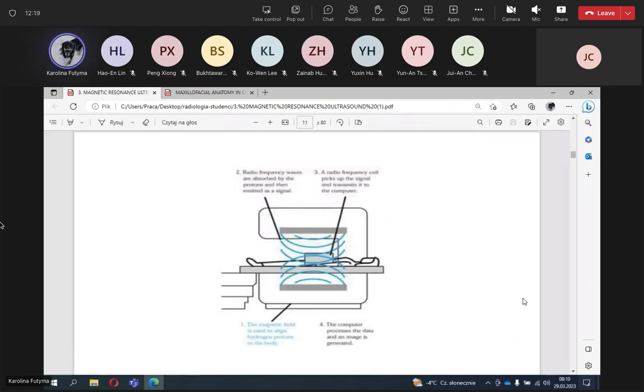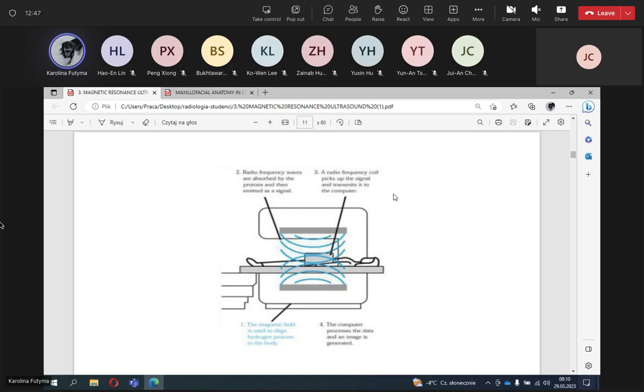Here we have the example, the image showing our radio waves. So here we have the magnetic field, which is used to align the hydrogen protons in the body of the patient. Then we have number 2.